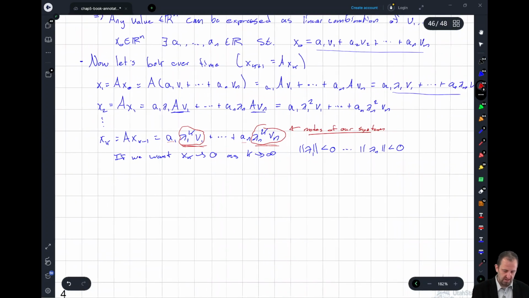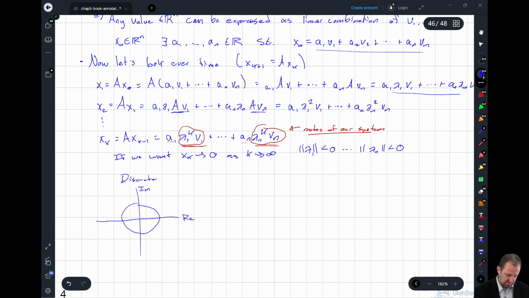Now, just another quick aside. We've done this for discrete. For discrete, if we look at our real and imaginary axis for all of our eigenvalues, the magnitude of lambda must be less than 1 for convergence. For continuous, if you remember your undergraduate controls class, the unit circle maps to the left half plane.